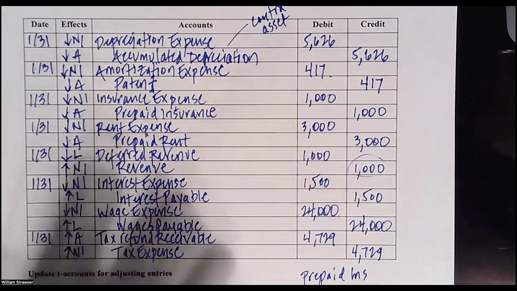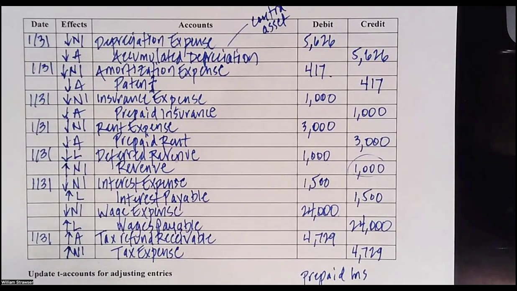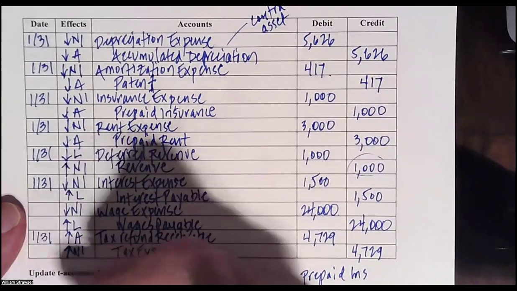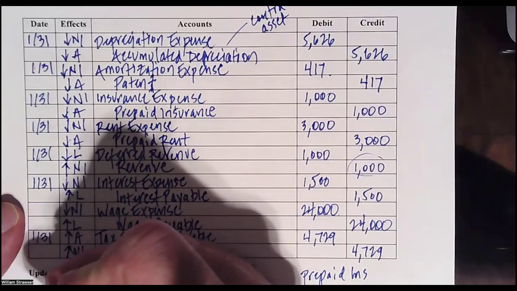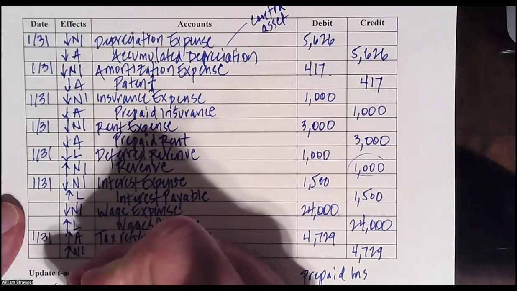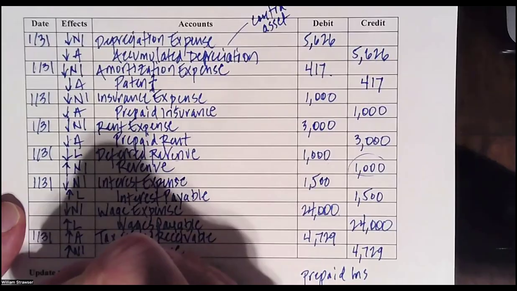If you go back to the Excel file of the unadjusted balances of these accounts, you'll see that we do not have a depreciation expense account drawn up yet, because there was no depreciation expense at the beginning of the year.